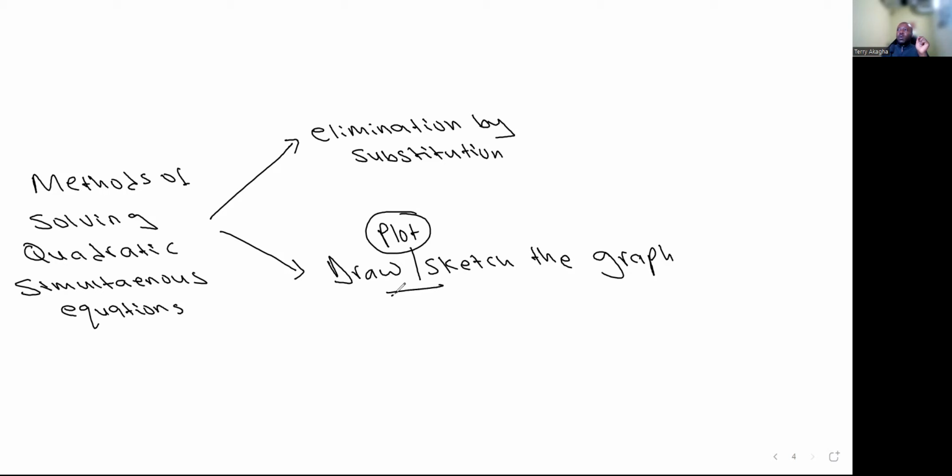But if you just sketch the graph, you're not going to get the exact value, but you get an idea of what it is. In this video, I'm only going to focus on the elimination by substitution method, because I've talked about elimination and substitution in my previous video on linear equations, so it makes more sense to stick to that concept as well.